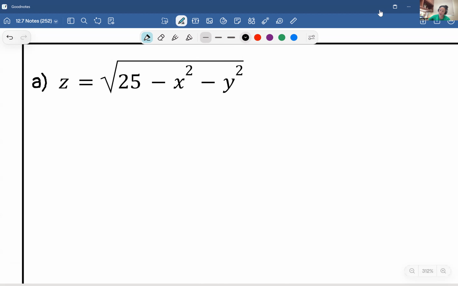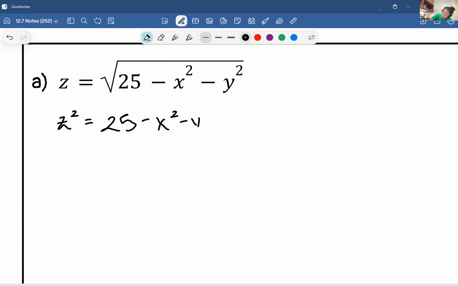All right, so I've got z equals the square root of 25 minus x squared minus y squared. And I know that if I'm trying to match things to the graphic organizer on quadratic surfaces, there weren't really a lot of square roots. So if one whole side is square rooted, it might actually be beneficial to just go ahead and square both sides.